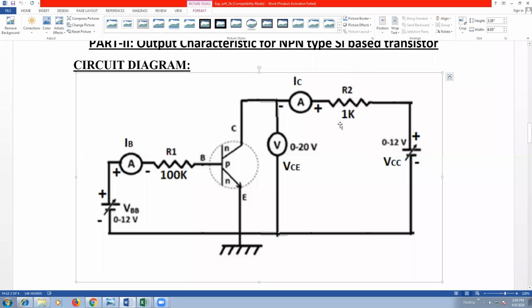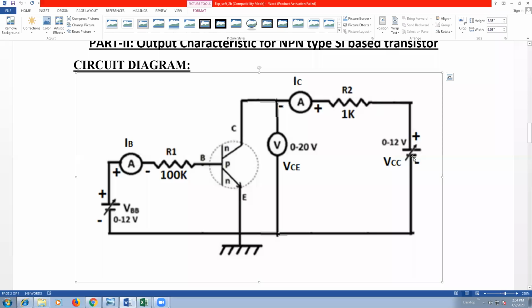It will be a 100 ohm resistor, not a 1 kilo ohm resistor. I repeat, R2 is equal to 100 ohm.